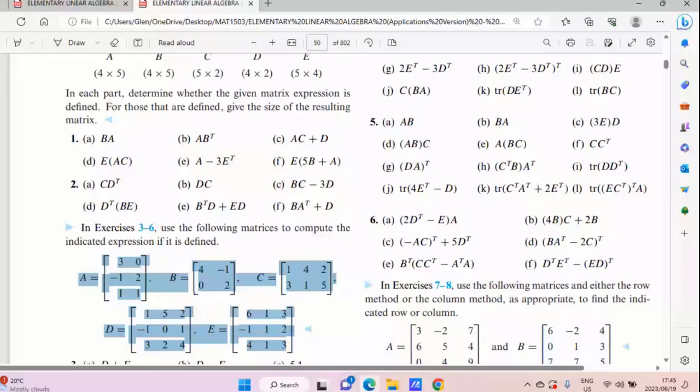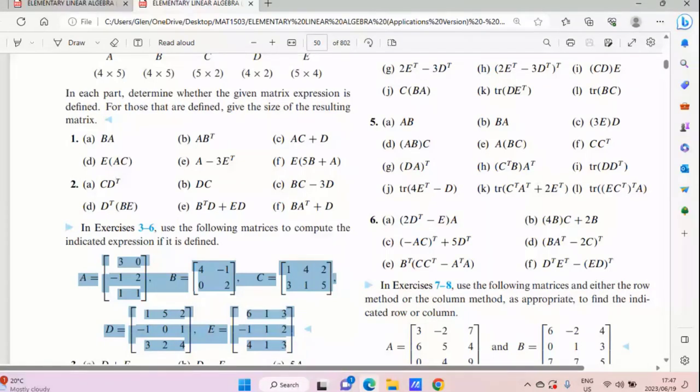Yes, we agree, sir. In the first row, now we are going to look for the second entry. We are going to take the very same row, run it through the second column. So we'll have -1 plus 0 plus 2.